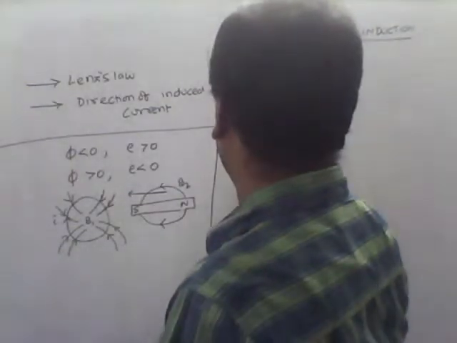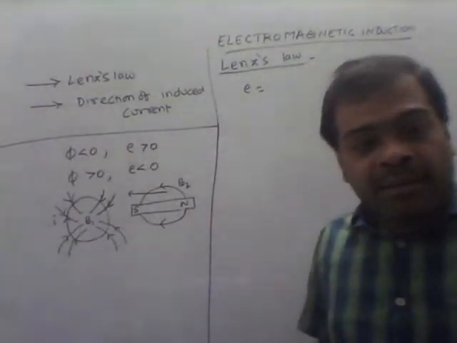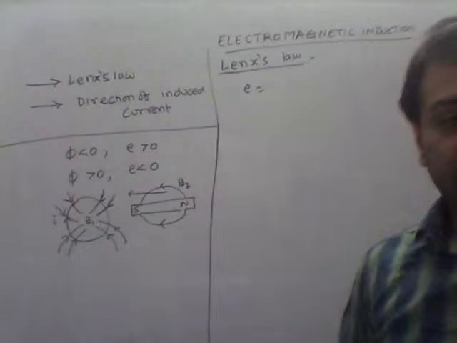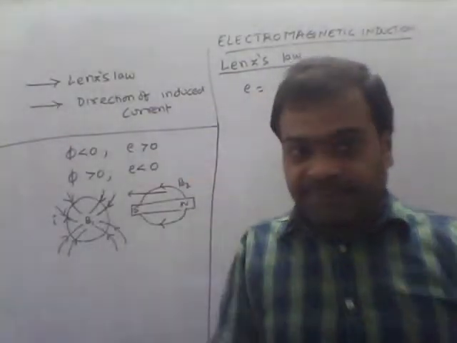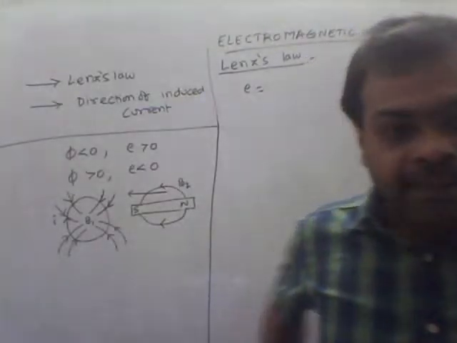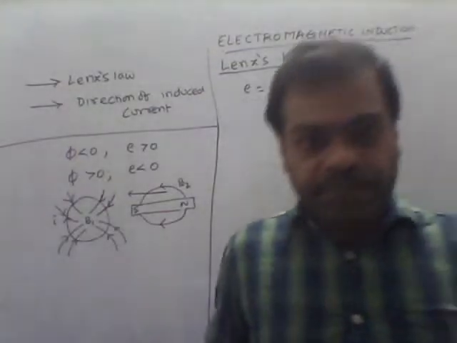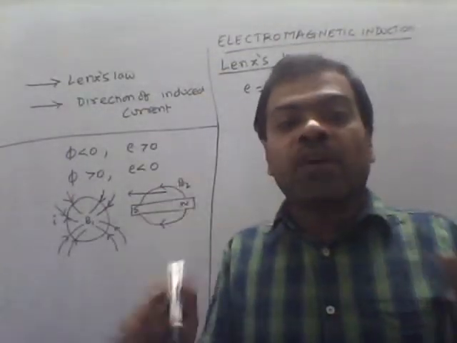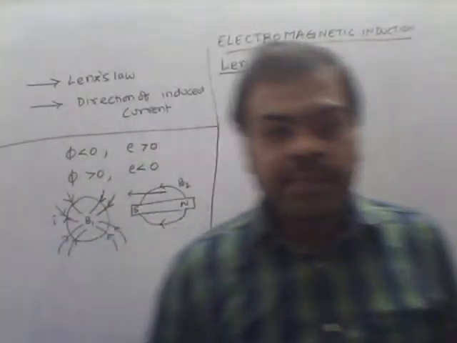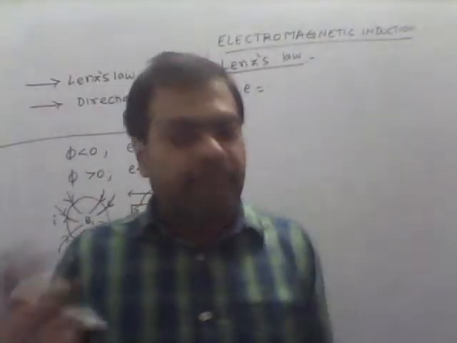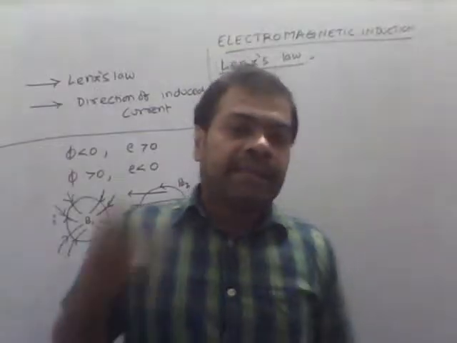So the induced EMF I can write according to the Lenz law. In his law he gave the magnitude of the induced EMF as well as the direction of the induced EMF, whereas in Faraday's law he gave only the magnitude of induced EMF. He didn't explain the direction of the induced EMF; that is one drawback of Faraday's law.